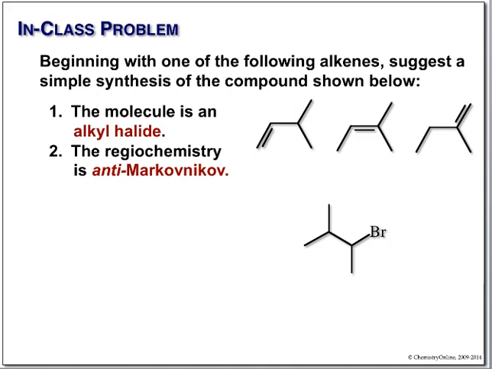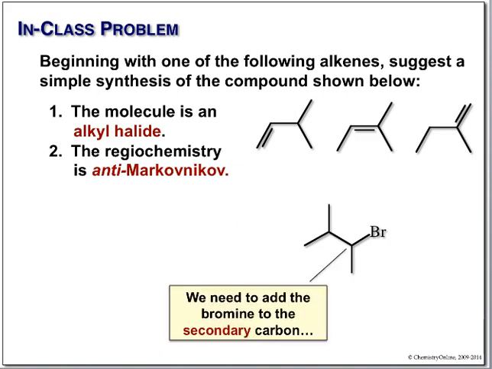All right, look at our possibilities. We're attached here to the secondary carbon. Secondary carbon up here is going to be this guy, or this guy. So pick a starting material. This guy's out because there's no double bond there, right?